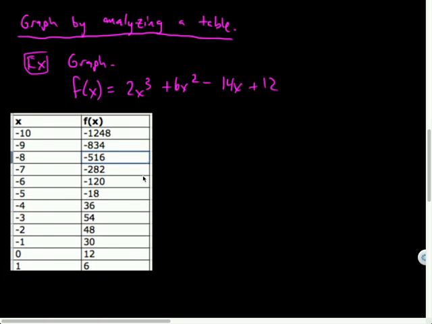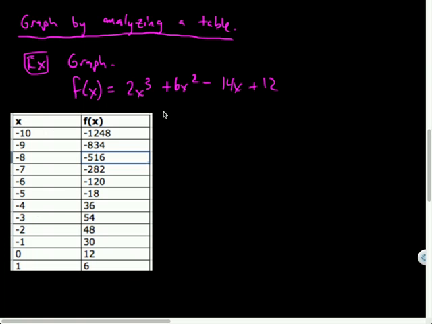Somewhere between -5 and what? Right, so you're saying somewhere between these two, there must have been an x-intercept. What made you think that? Perfect, and that's absolutely perfect analysis.